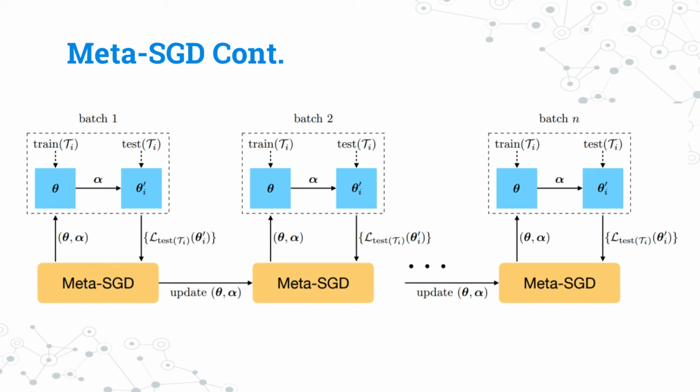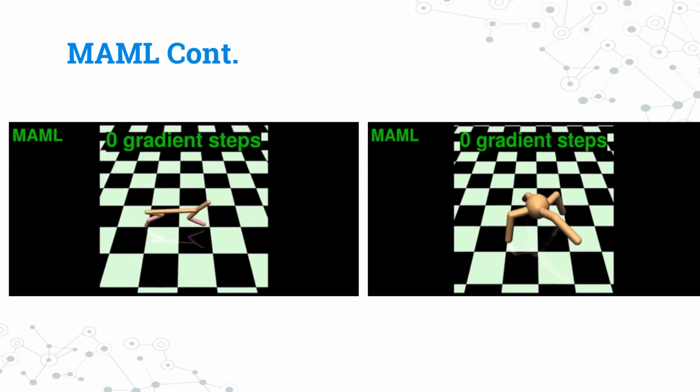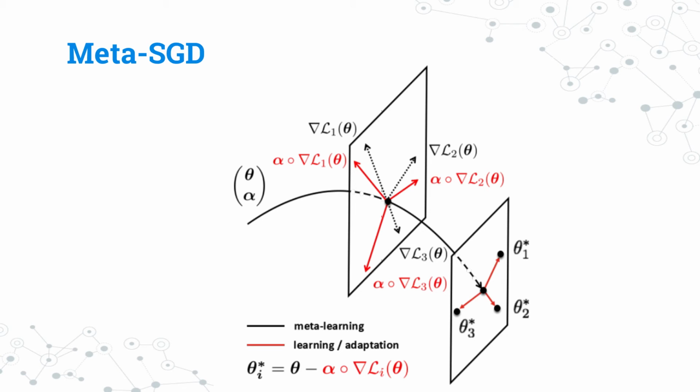Yeah, sure. So the alpha is essentially involved in how we're updating our parameters. You can see it down here in this equation: theta i star equals theta minus alpha, and this circle dot just means element-wise multiplication.